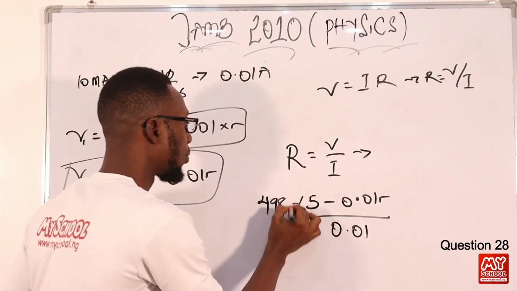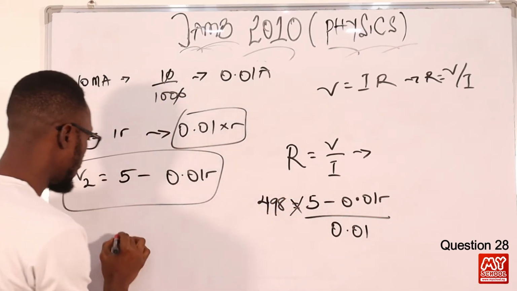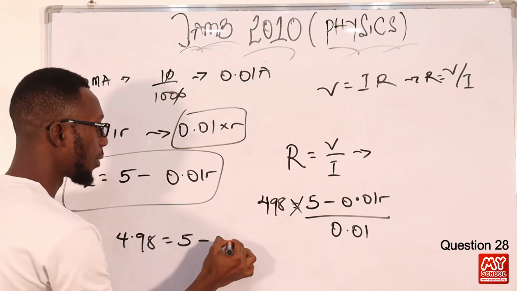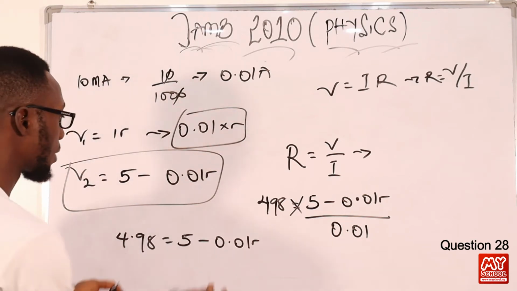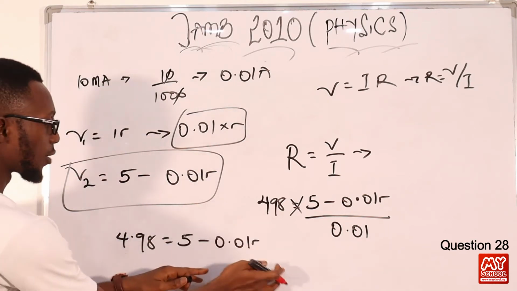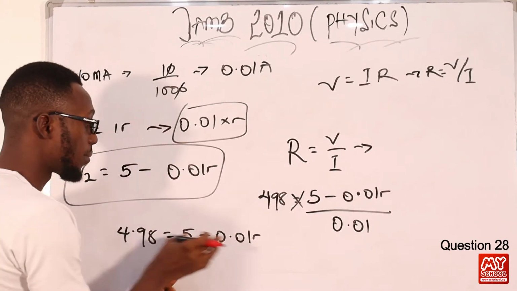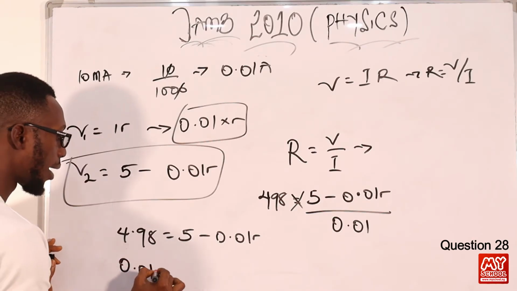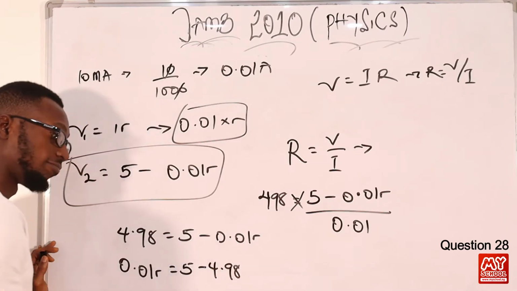When I cross multiply, I should have 498 times this giving 4.98 equals 5 minus 0.01 R. So I can collect like terms. If I send this to this place, it becomes positive, and this becomes negative. So I will have 0.01 R equals 5 minus 4.98.